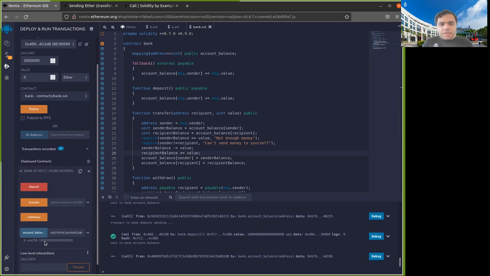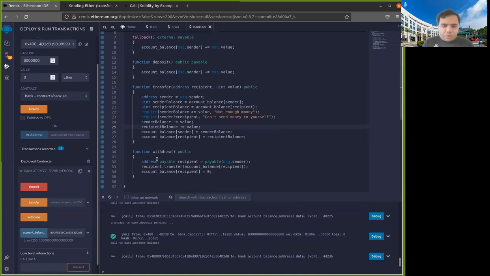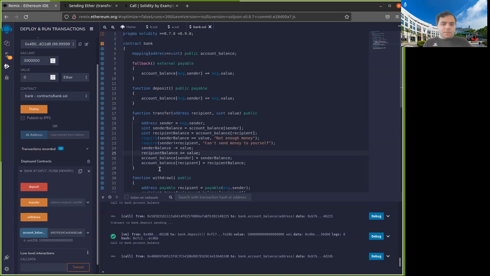Now, what I want ideally is that since with this account I have only given the contract 1 Ether, I have to be able to withdraw only 1 Ether, right? But what's happening on the blockchain? On the blockchain, this contract now holds 6 Ether overall, right?